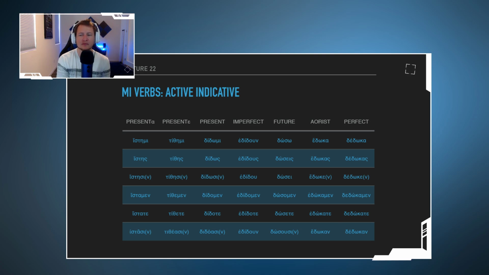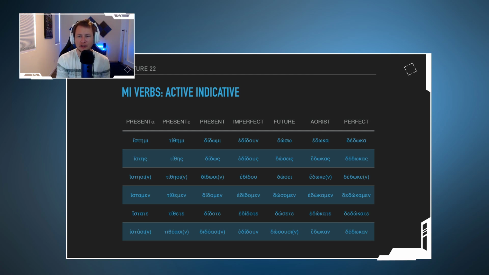And then the perfect. Dedōka, dedōkas, dedōke(n), dedōkamen, dedōkate, dedōkasin. So I have given, you have given, he has given, we have given, you all have given, they have given.